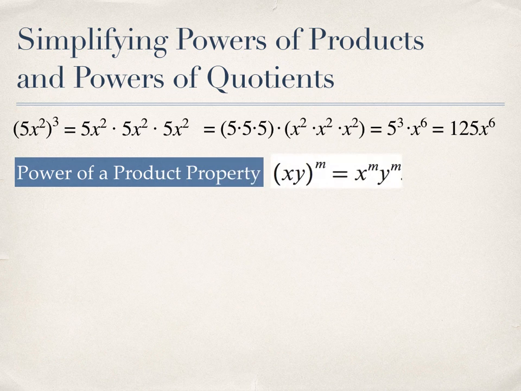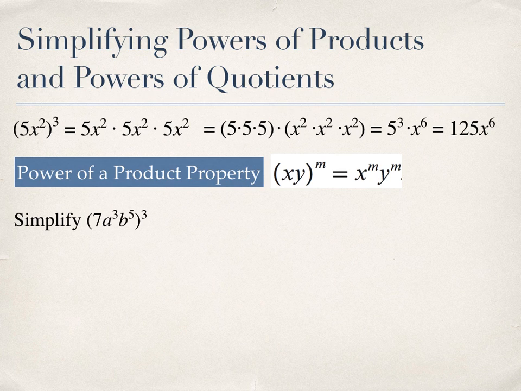So this is called the power of a product. That if I have a product like xy being raised to a power like m, that's the same thing as raising each factor separately to the m power. So we can apply this rule here.